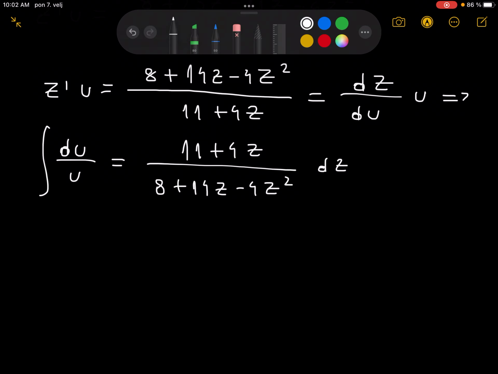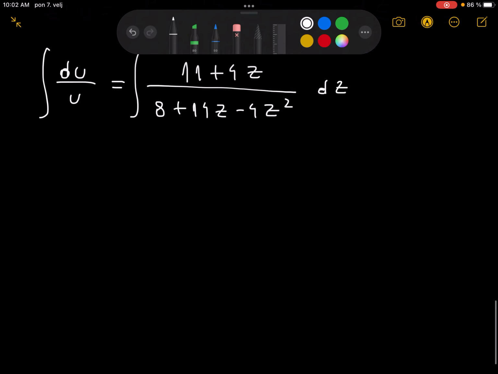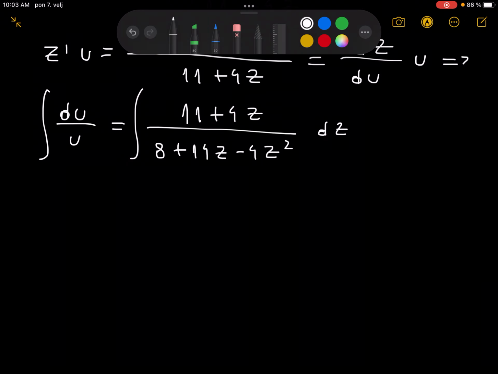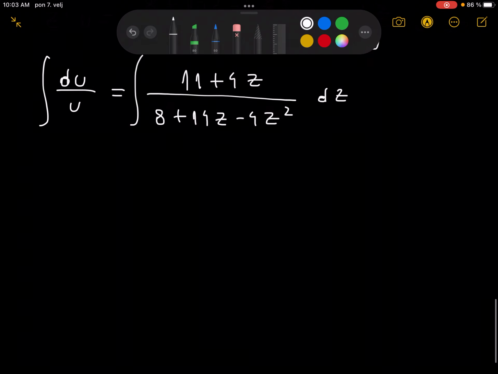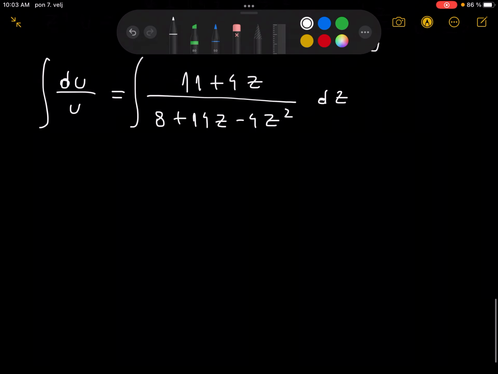And now we're supposed to integrate both sides. So how do we go about integrating? The left-hand side is easy, but how do we go about integrating the right-hand side? So I'm just going to do that right here.